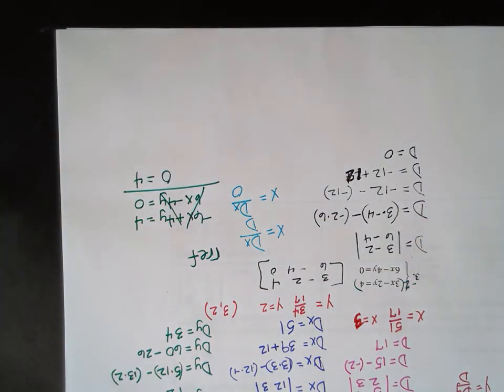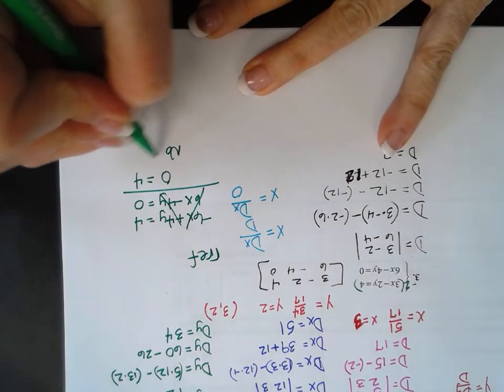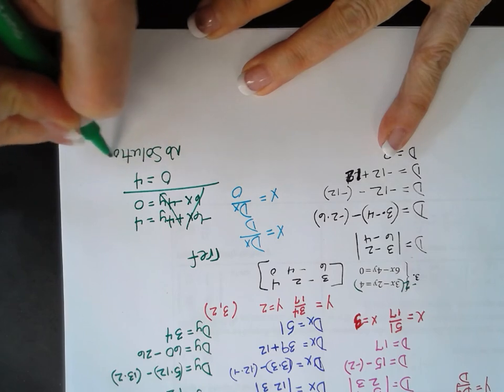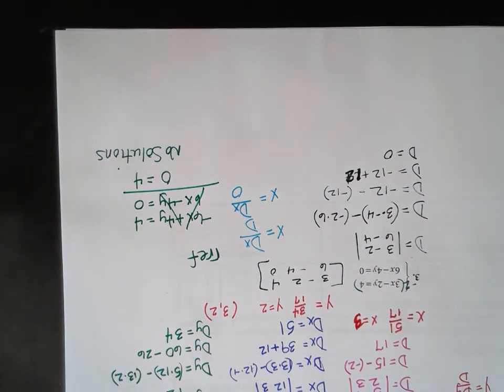So, what's my solution going to be? No solutions at all. We have no solutions, which means they are what kind of lines? Parallel. Boom, parallel. Muy bien.